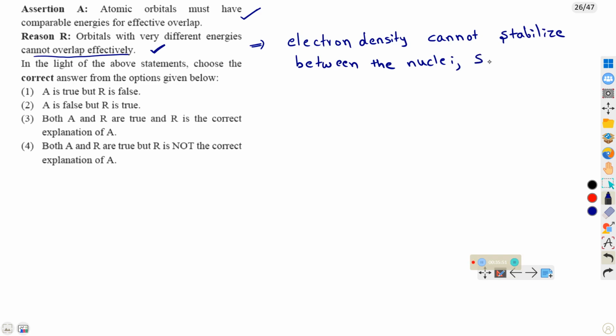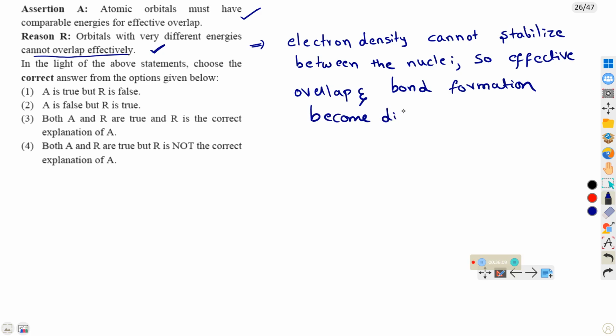So effective overlapping and bond formation become difficult. So the correct answer: both A and R are true, and R is the correct explanation of A.